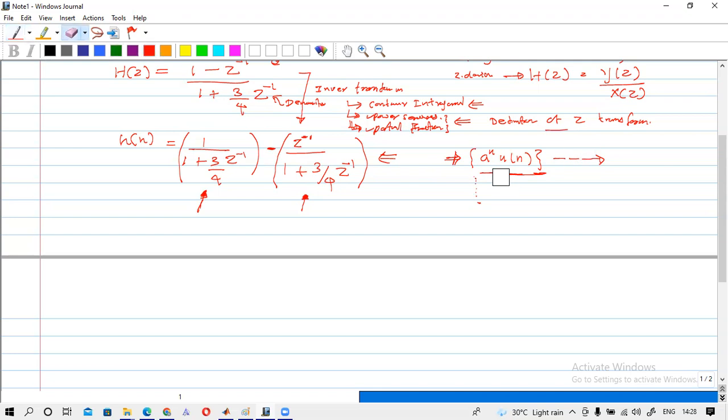You can use the basic definition, and also you can use the property of Z transform. Say that I have given this one. Here also you don't need to remember all this.